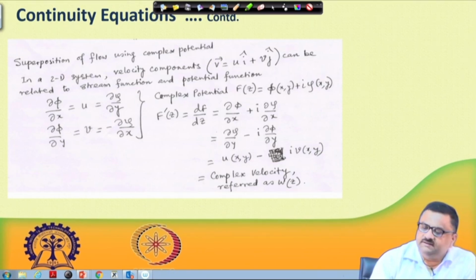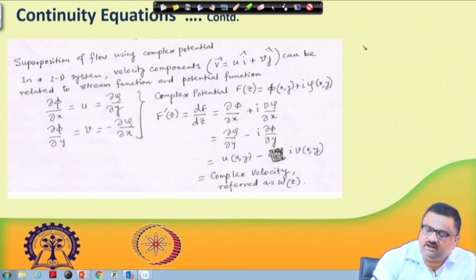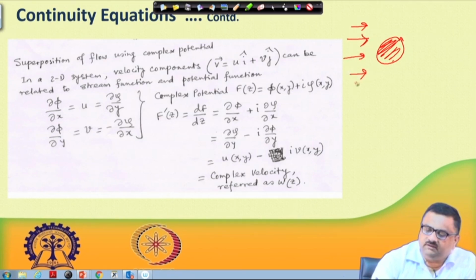For that, you all understand what a streamline is, right? So, what is a streamline? Suppose I have an obstruction here and I have a flow taking place here.